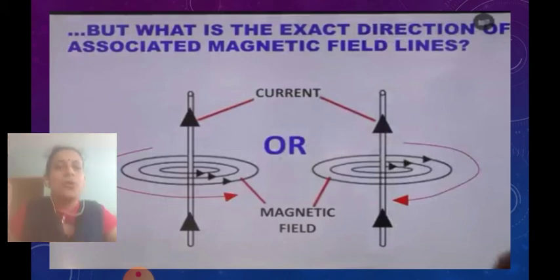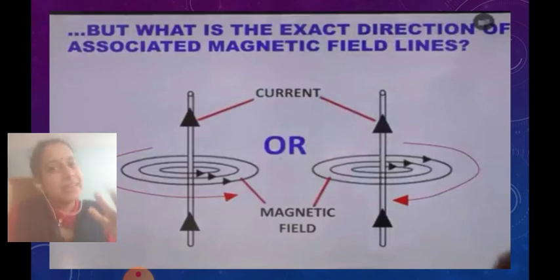So what can be done here? You can use a magnetic needle to find out the direction of the magnetic field, because last time I told you how the direction of the magnetic field of a bar magnet would be found. The same way here also, if you keep a magnetic needle, you can easily find out the direction of the magnetic field.